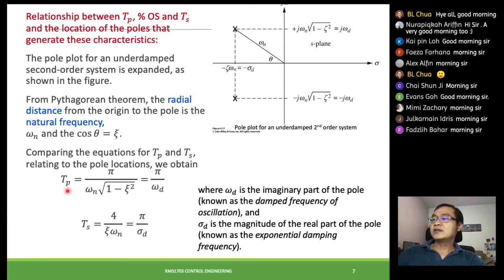So obviously, when we know all these things, the peak time we can always control by the equations, right? And the settling time we can also get, corresponding to this.